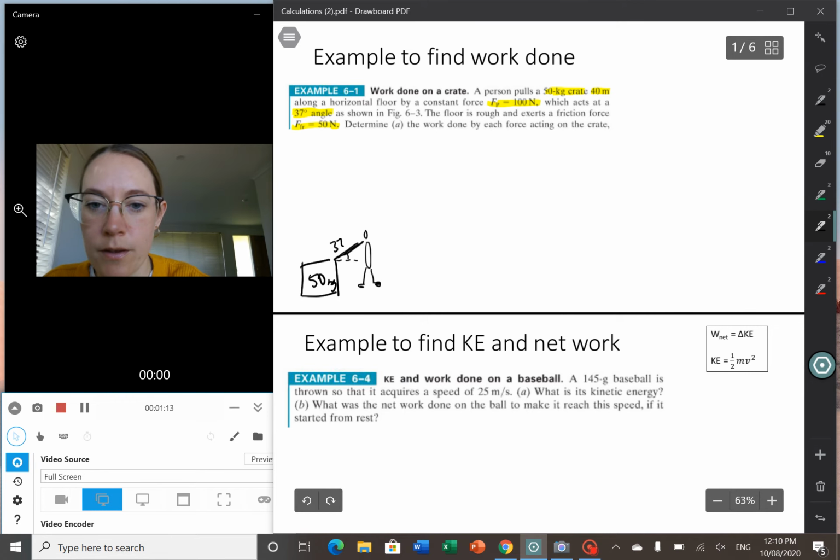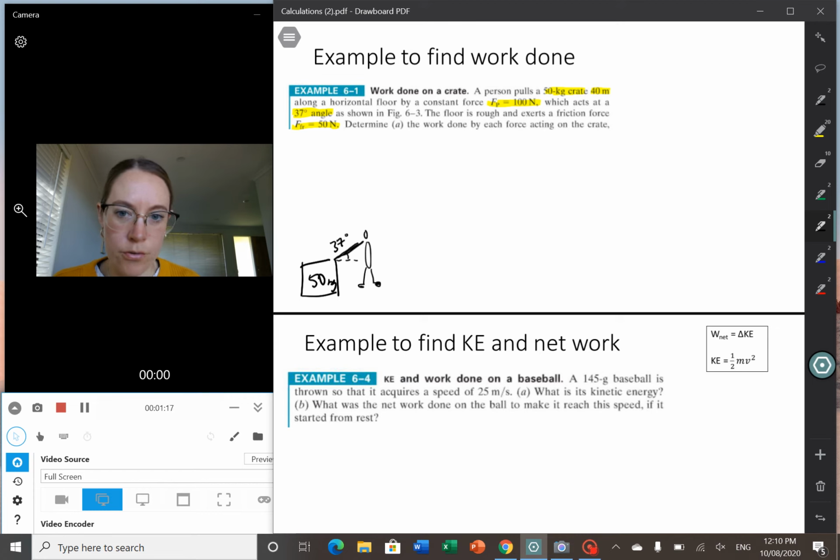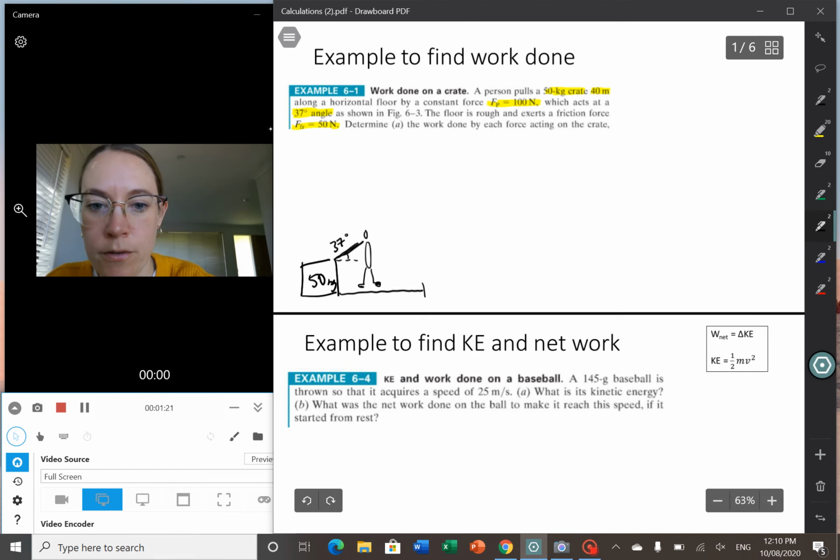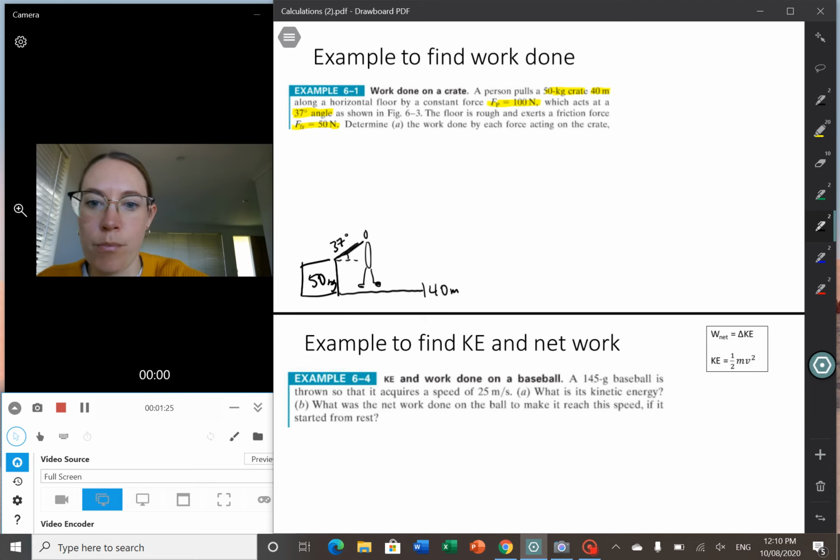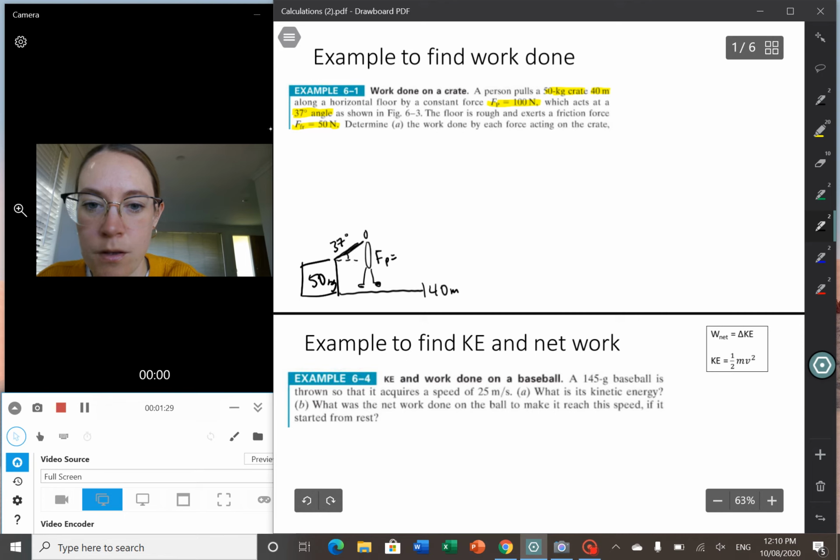So this is the force applied at a 37-degree angle. We've got the mass of the crate. It is being dragged a distance of 40 meters. The pull force is 100 newtons. And the frictional force is 50 newtons.